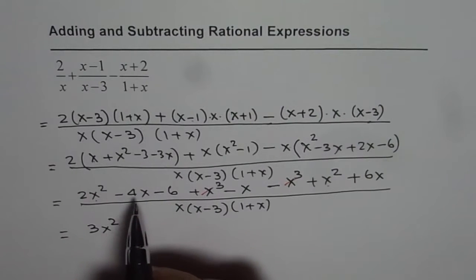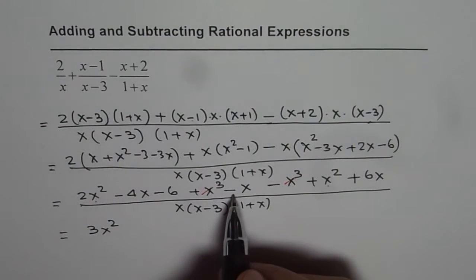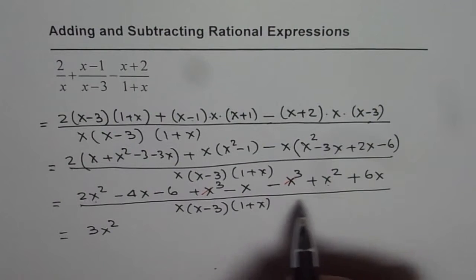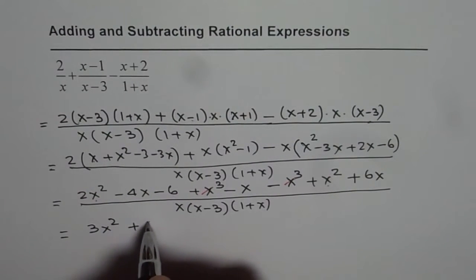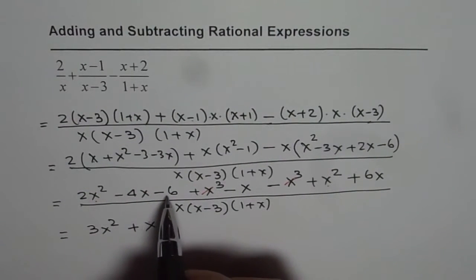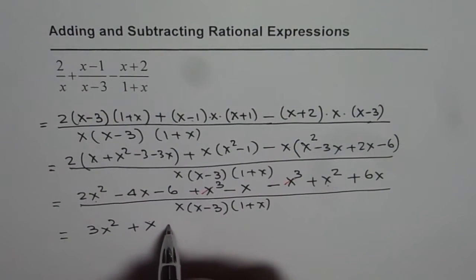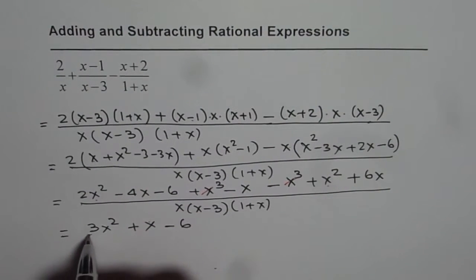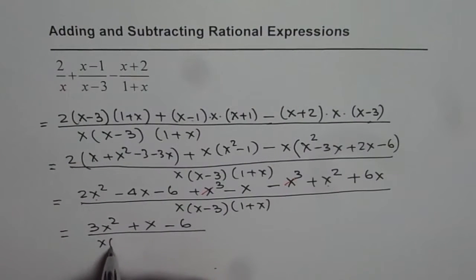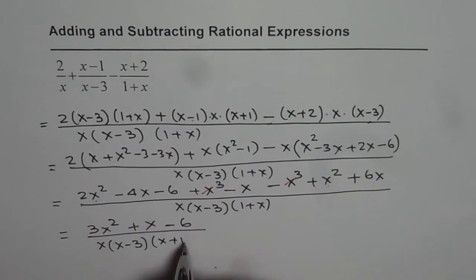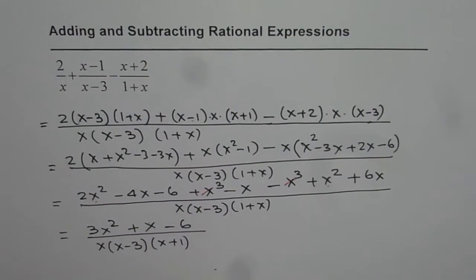As far as x terms are concerned, minus 4x minus x is minus 5x, plus 6x will give us plus x. Constants, minus 6, that's it. So we have minus 6 as a constant, and the denominator is x times (x minus 3) times (x plus 1), right? 1 plus x or x plus 1.